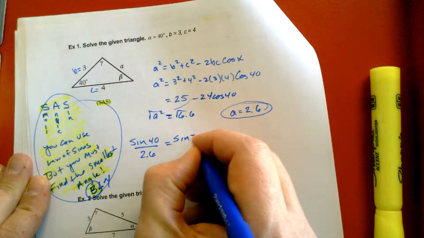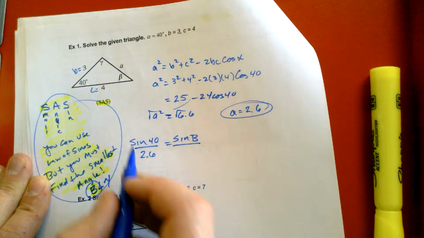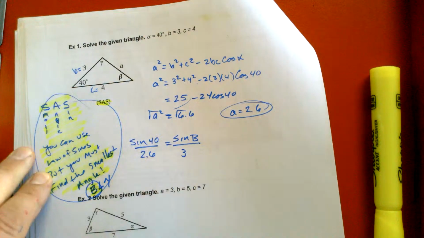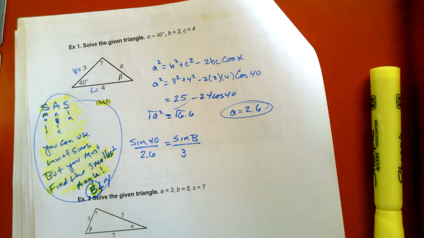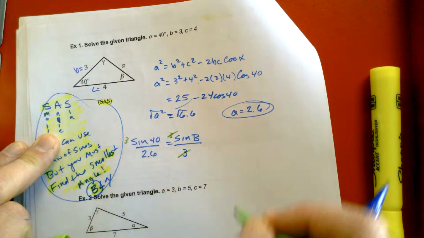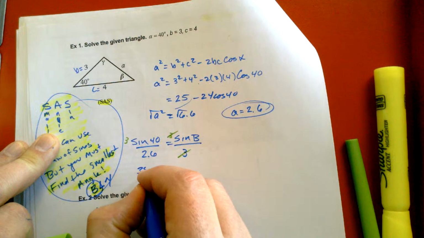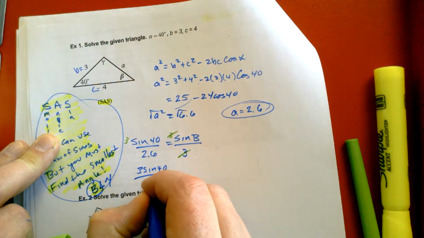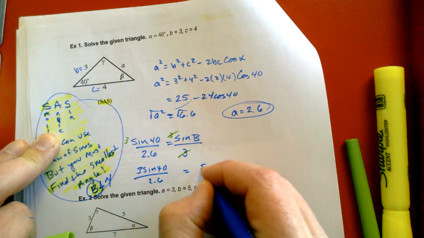So sine of beta, and then across from beta we have 3. So far, so good. We're going to go ahead and multiply by 3. So these cancel. Now I got 3 sine of 40 over 2.6, and that equals the sine of beta.